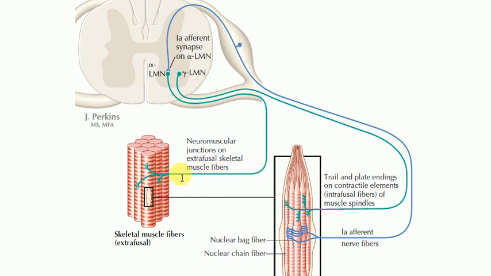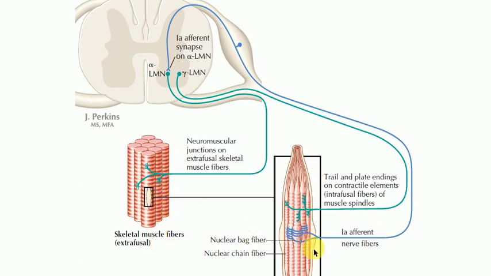And how does the knee jerk happen? This is also a monosynaptic reflex. There's only one synapse between the 1A afferent fibers and the lower motor neuron supplying the quadriceps muscle over here. Imagine this is the quadriceps muscle, and we have struck the patellar tendon in order to increase the length of the muscle fibers.